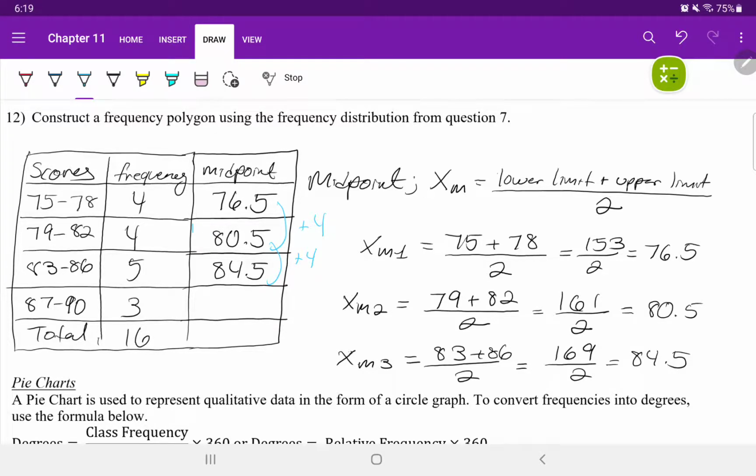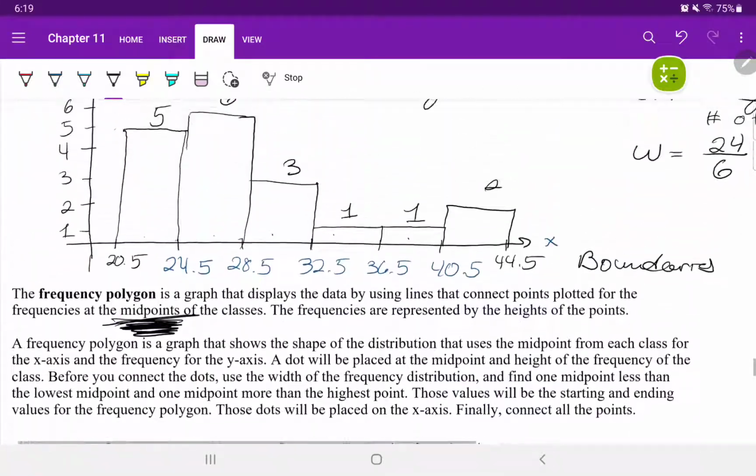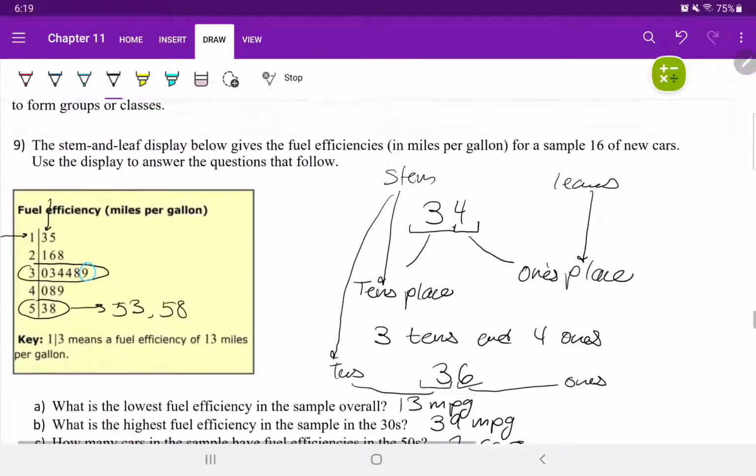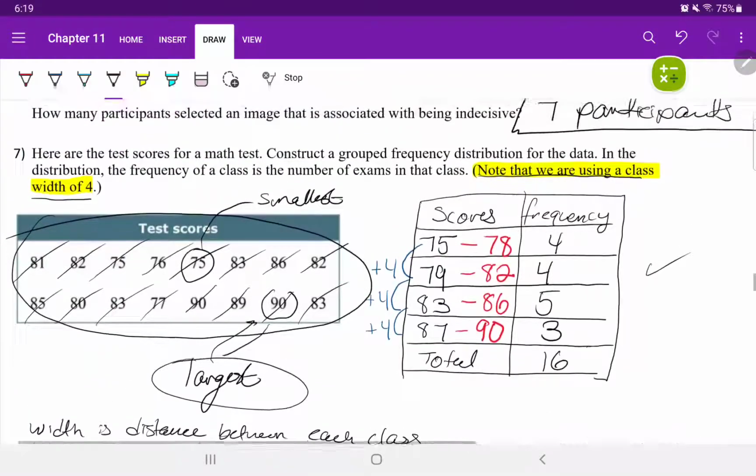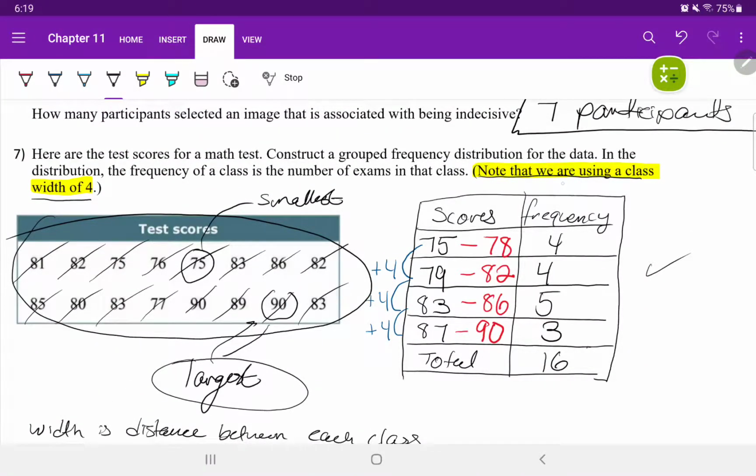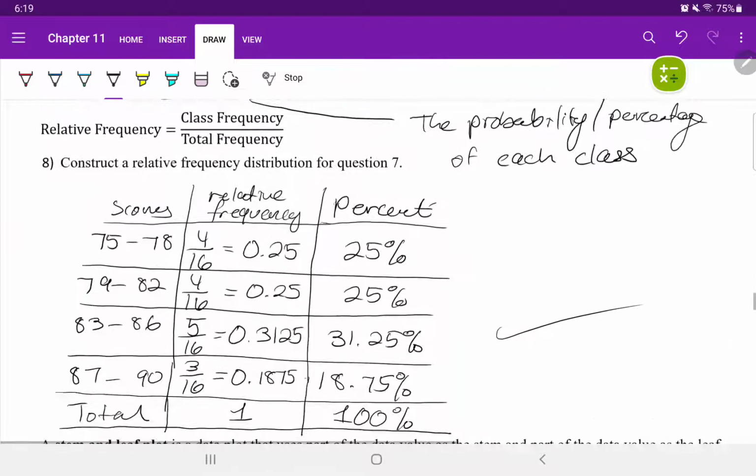Why is it increasing by 4? Well, going back to question number 7, the width of the class was 4. So when I went to find the next limit, I added 4 each time to the lower limits and to the upper limits. The midpoint also follows the same rule. It will increase by the width, which is 4.